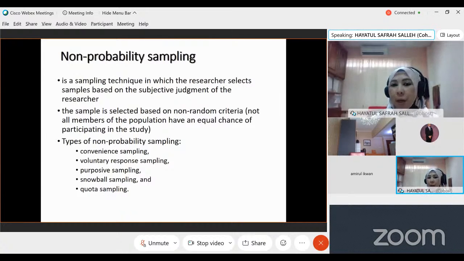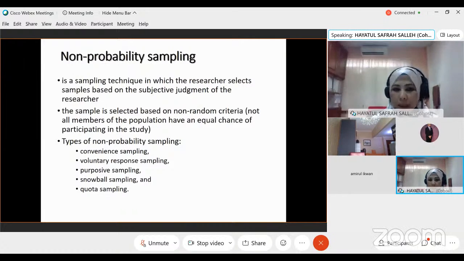There are a lot of reasons why we use non-probability sampling compared to probability sampling. For example, in this COVID-19 situation, it is difficult for students to collect data based on probability sampling, because you cannot go to certain areas in Malaysia.